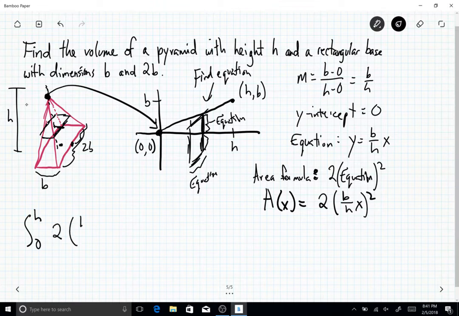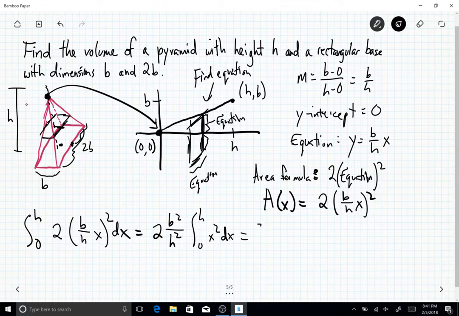We get 2 times b over h x, the quantity squared. An easier way is to pull that out and take the antiderivative. We get 2b squared over h squared, integral from 0 to h of x squared dx. So that equals 2b squared over h squared, and then we have 1/3 x cubed evaluated at 0 and h.